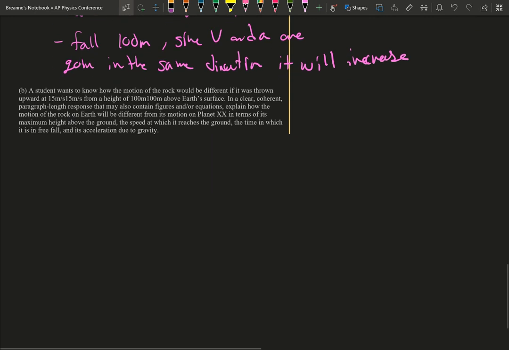Okay, so a student wants to know how the motion of the rock would be affected if it was thrown upward at 15 meters per second from a height of 100 meters above Earth's surface. In a clear, concise paragraph, respond; responses can contain figures or equations.